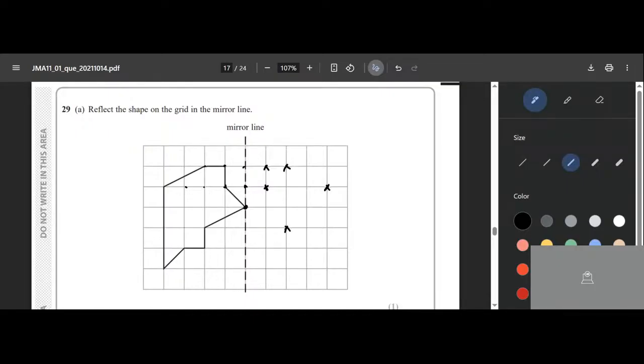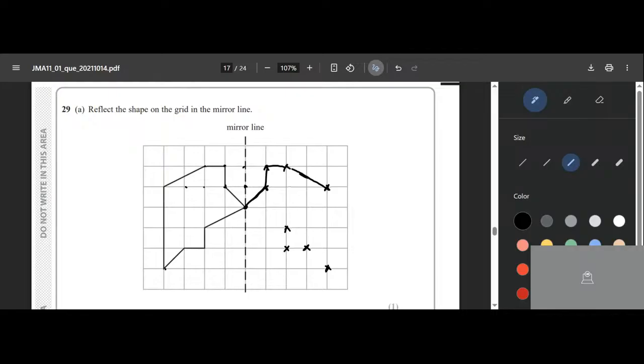Here also we have 2. Then we also have another one at its back here. Then from here we have 1, 2, 3, 4. So we have this point here. So we are going to join them together in this way.